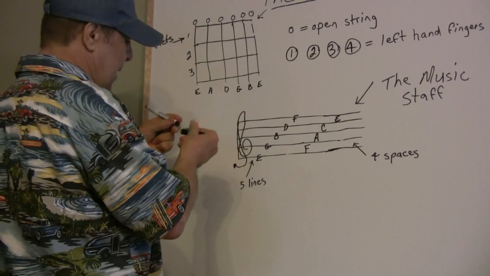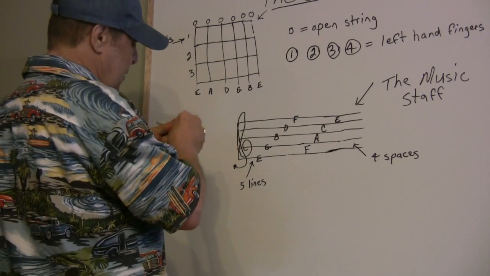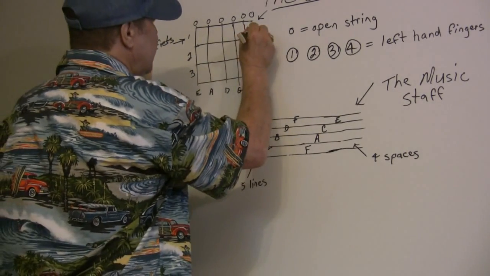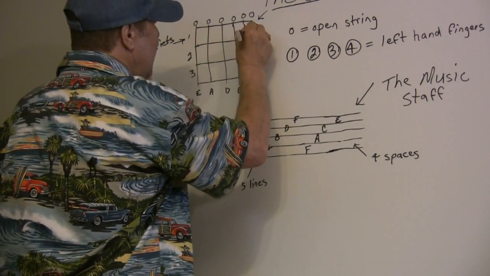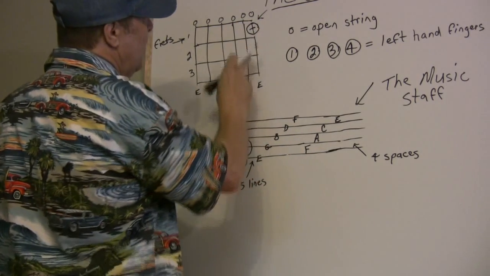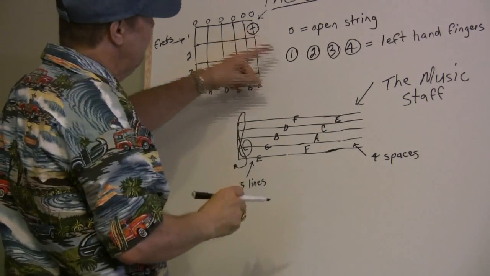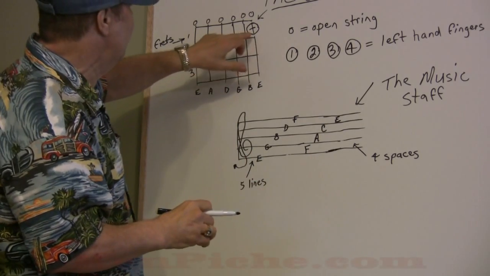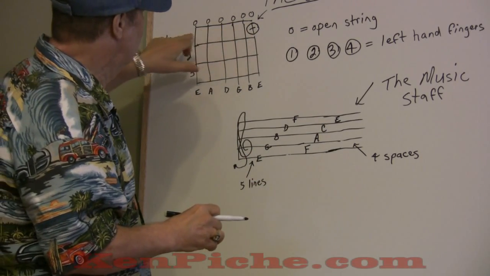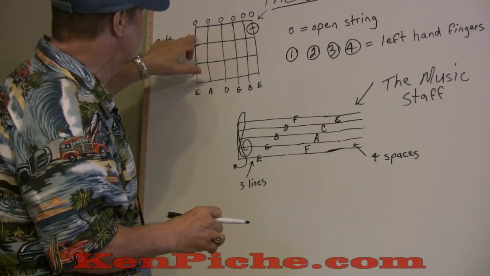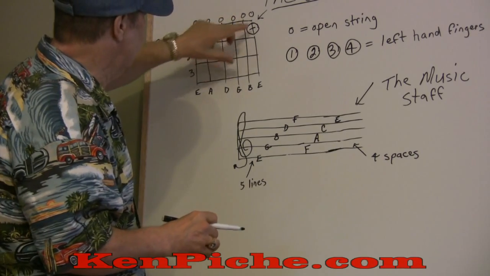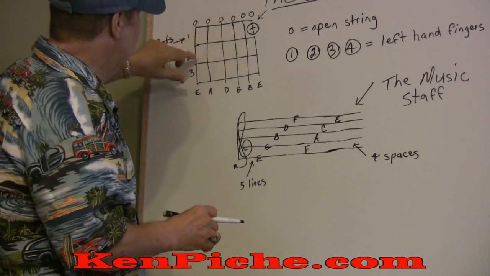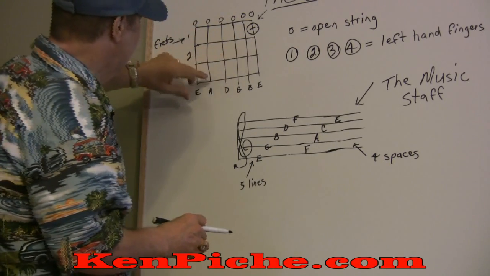If we were to put this circle around there like that and put a 1 in there, that would indicate that we're to place finger 1 of the left hand, this is finger 1, in behind the first fret of the first string.